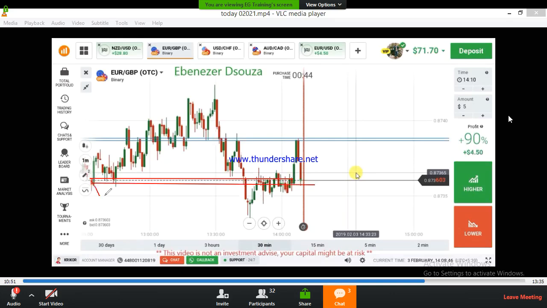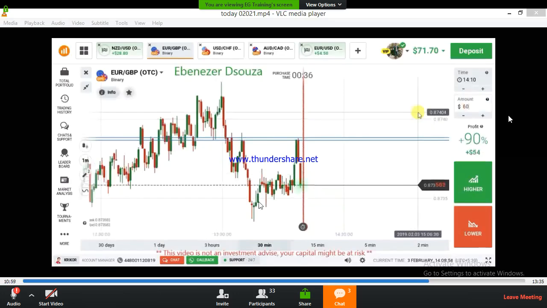Reversal, rejections, reversal, reversal. So many reversals from this level. Again, the candle is coming to this level. The market is at the strong reversal point. The price bar is at the strong reversal point. And there is a rejection also. The rejection is showing us the buyer's entry in the market.